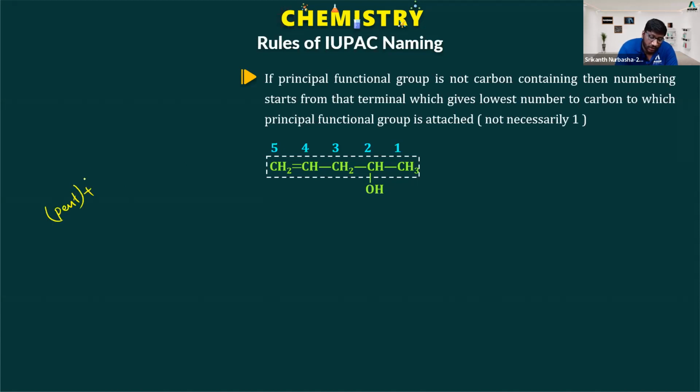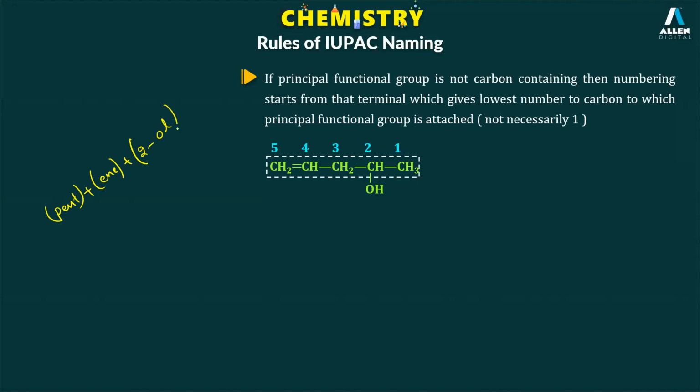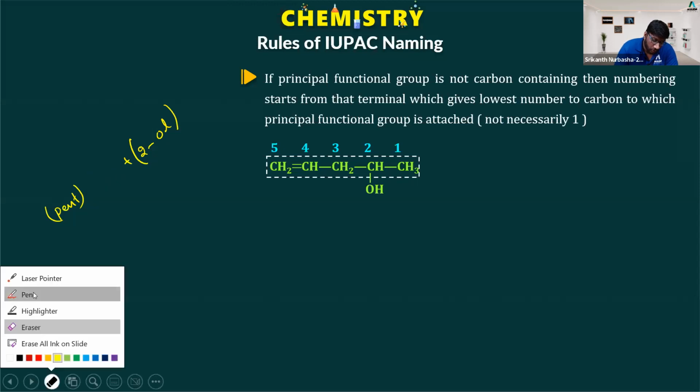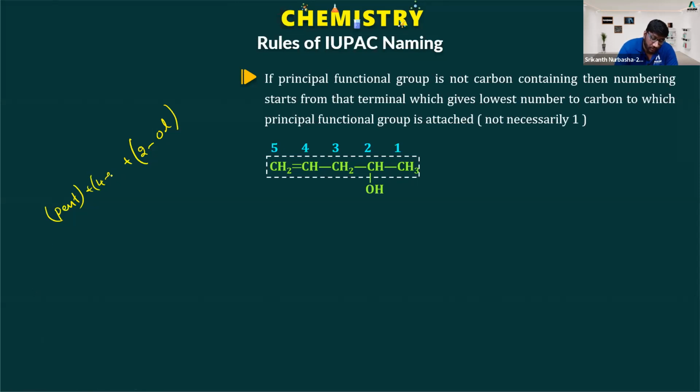Carbon-carbon linkage: a double bond is there, so "en". On which position do you have the principal functional group? On the second position. What is the secondary suffix? 2-ol. But where is the ene present? The ene is actually present in the fourth position. So what will be the name?